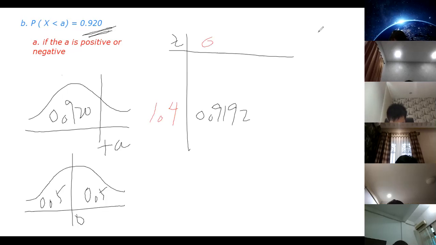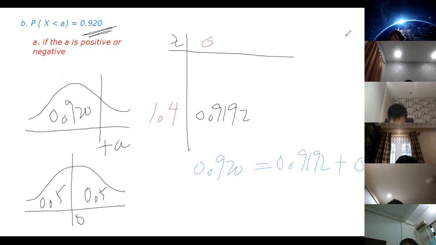Then now we have to think further. Okay, I need to solve for 0.920. But right now I have 0.9192. So it means my 0.9192 is supposed to be added by how much in order to give me 0.920. So it has to be added by 0.008.